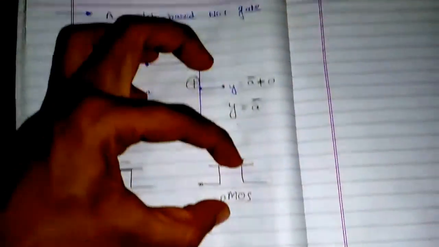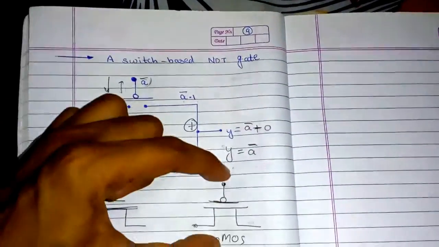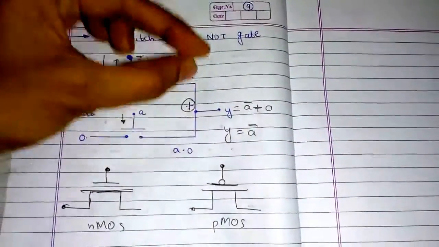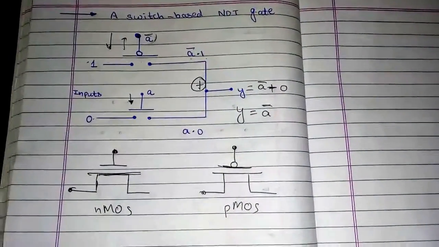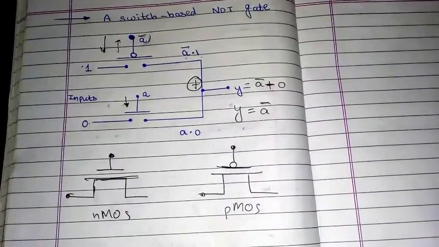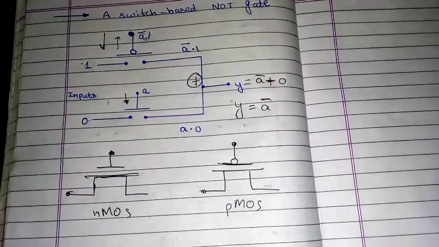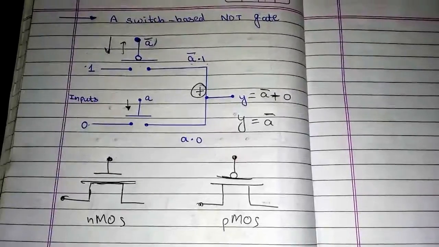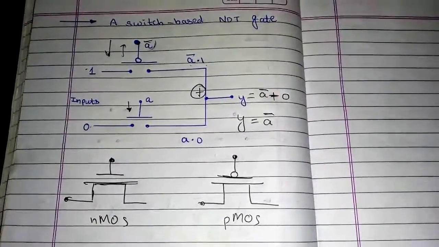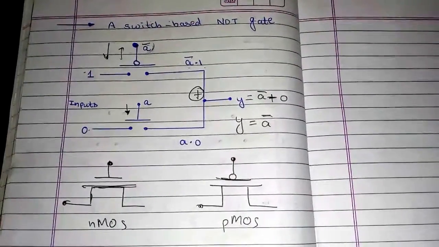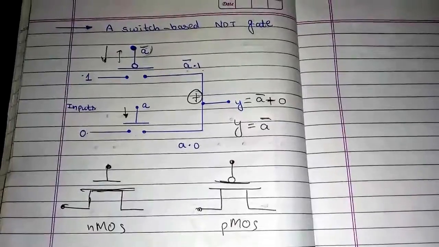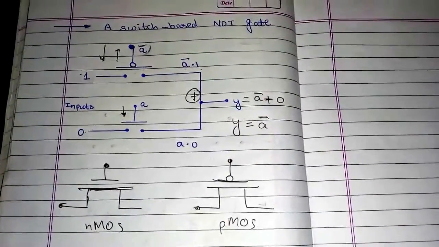Similarly, you just have to place this here, place this here, connect it, and you will have a NOT gate. In upcoming lectures you will be taught how to connect them, what problems we face, and how good NMOS and PMOS combined are. Why not only NMOS, why not only PMOS, but a combination of both, which gives us CMOS, is very good.